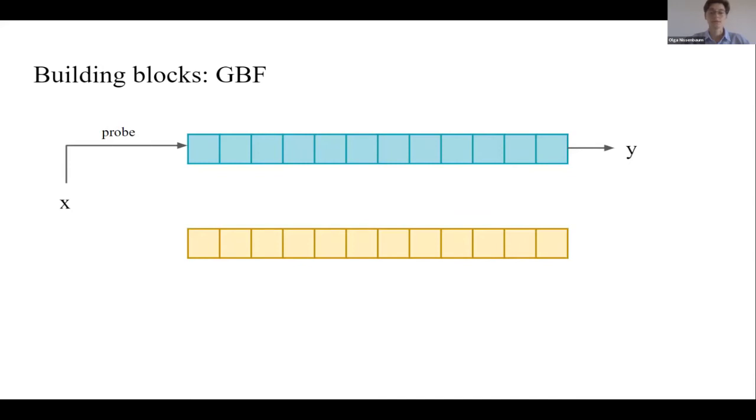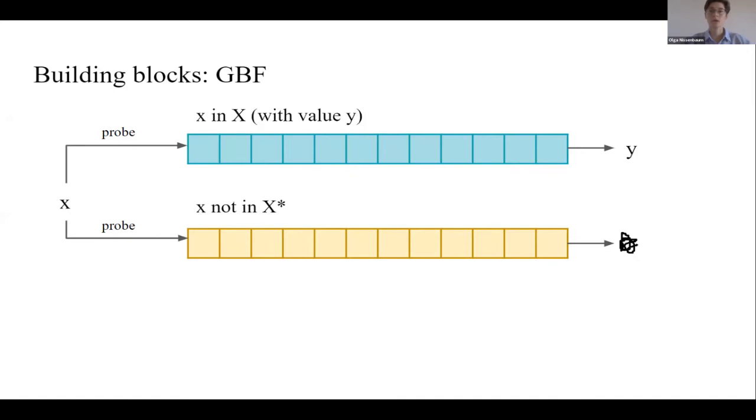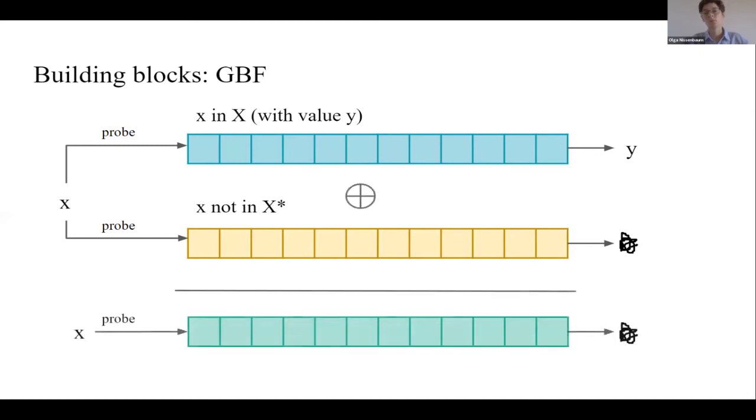If x has the value y in the first GBF and y* in another, then its value in the XOR of GBFs is y XOR y*. If x is not in even a single set, then the probe returns some random value. Thus, the XOR of GBFs for the sets is the GBF of the intersection of those sets.